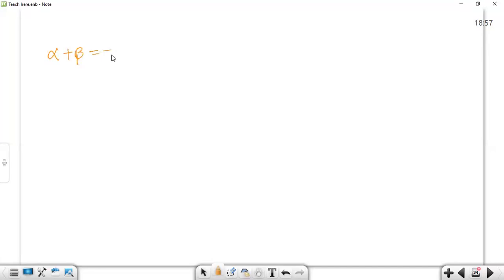So let's start with alpha plus beta. We already know this. Now let's find out the value of alpha minus beta. So let's first see its square. Now we know that a square minus b square is a plus b into a minus b. Okay.